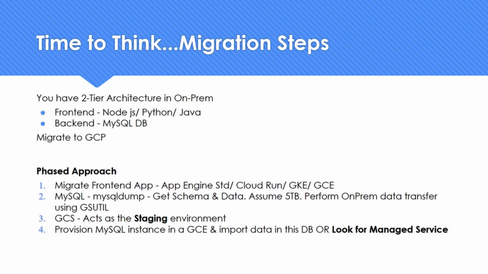But the drawback with this option is the database is something which you have installed on an infrastructure as a service. Most of you gave some better options for the front end, App Engine, Kubernetes Engine. Those are going to be a little better because those are container as a service or platform as a service. But for database, only a couple of you mentioned one product which we have not seen yet.